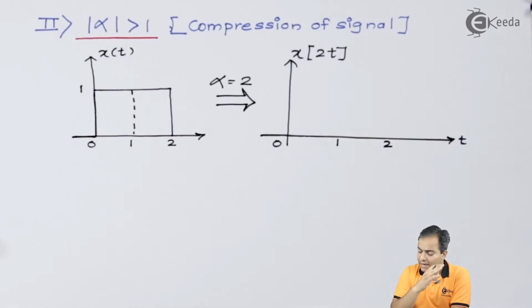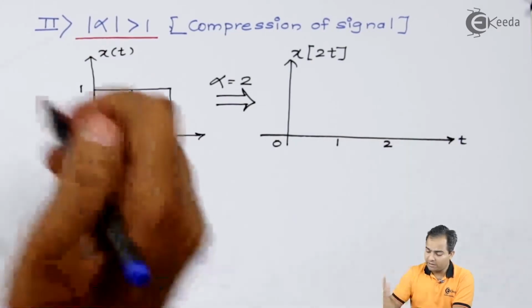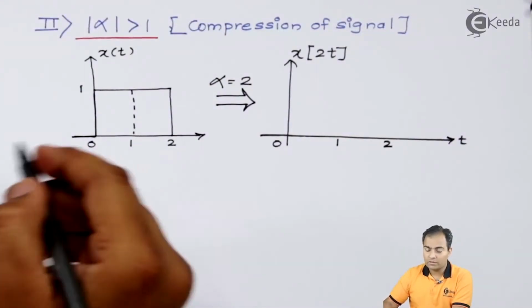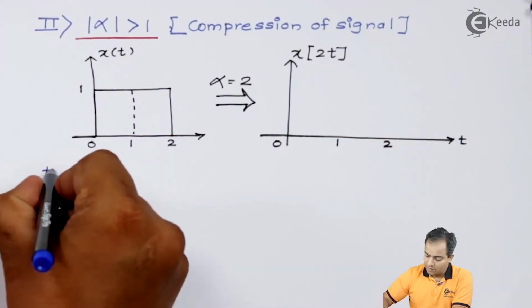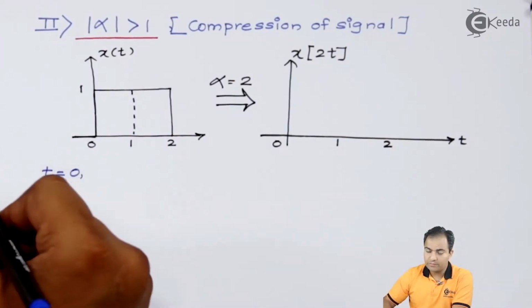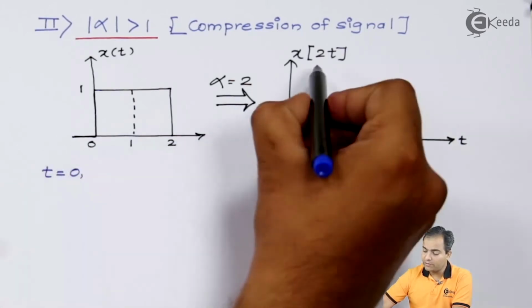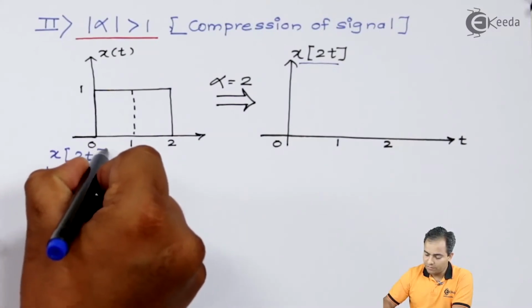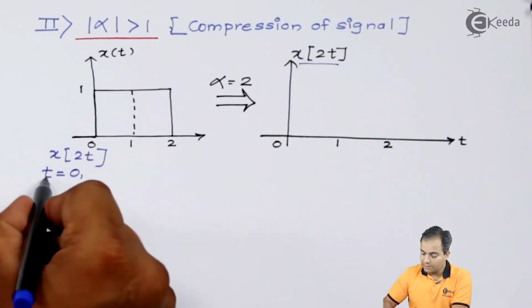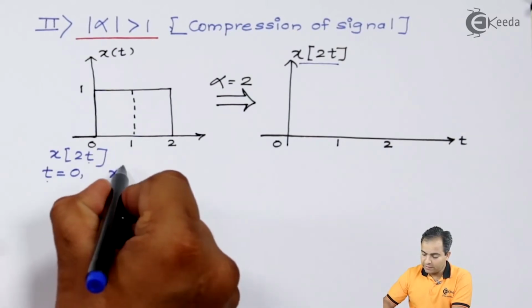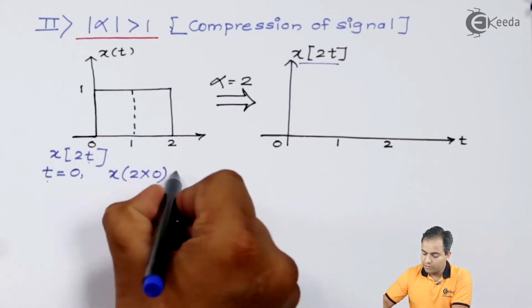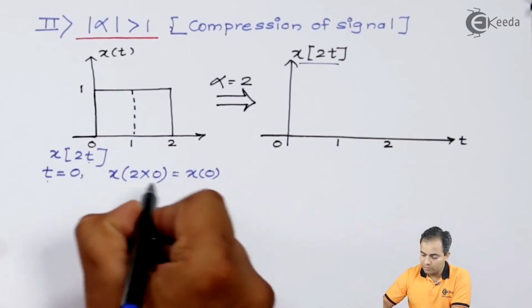How does this compression take place? We'll substitute the values of t until this x of 2 will occur. So let's start. For t equals 0, we substitute the t value in this function. So I'll write that value first, x of 2t. If I substitute t equals 0 over here, then 2 into 0, we have x of 0.